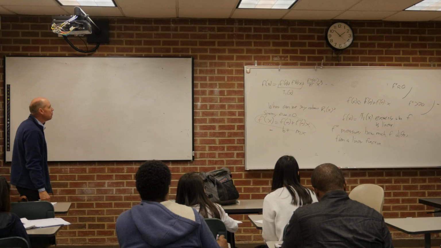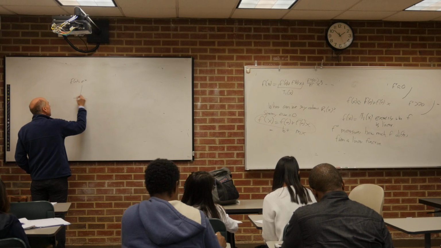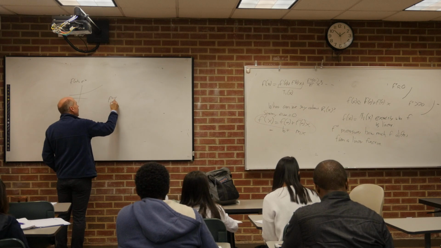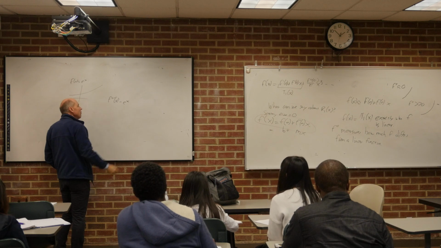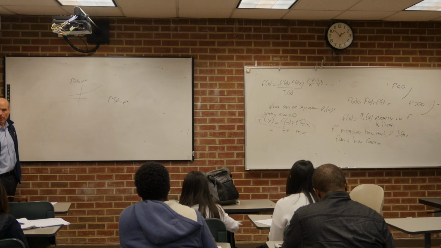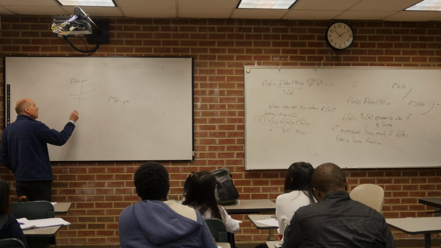So here's the setup. Let's take e to the x. What's the second derivative of e to the x? And this just keeps getting bigger and bigger and bigger. So we're going to derive our error formula.